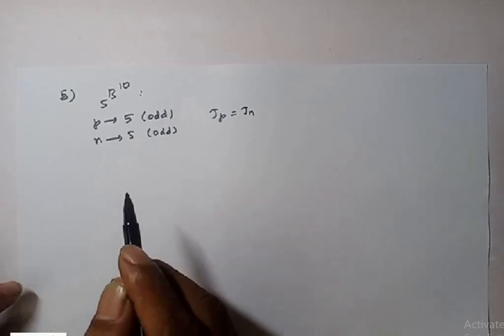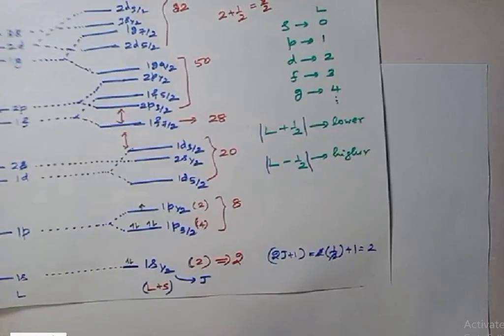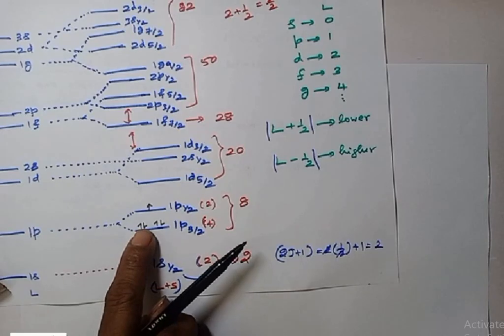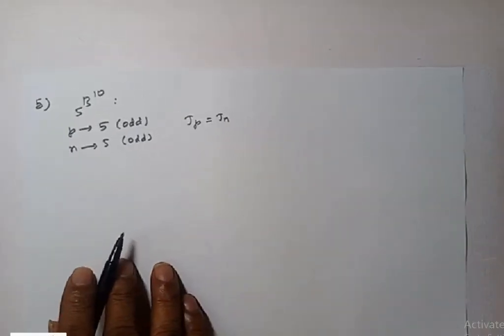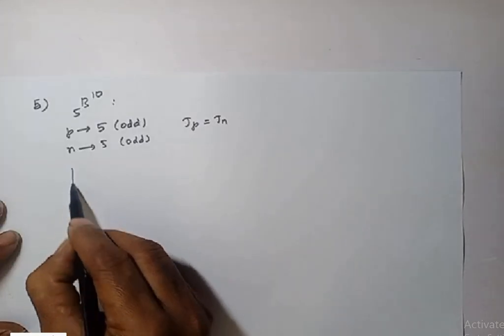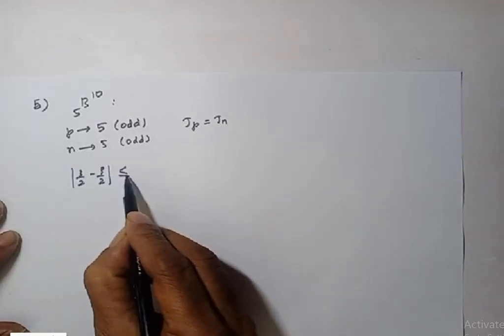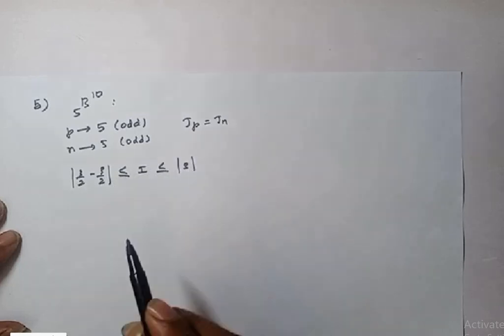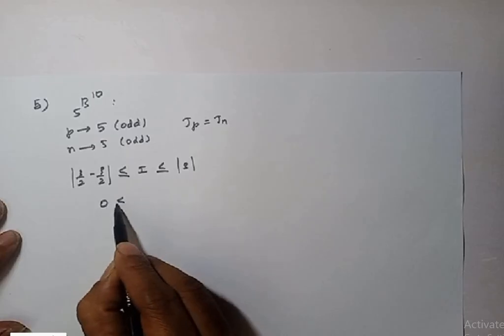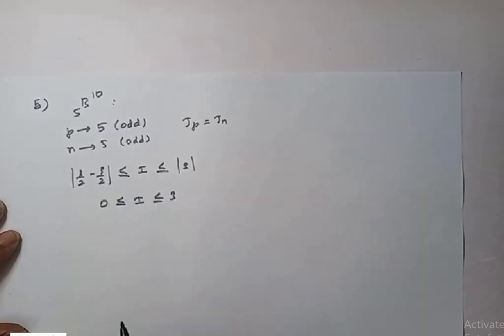What are the JP and JN values for 5 protons? It is 3/2. So 3/2 minus 3/2 is 0, and 3/2 plus 3/2 is 3. So the I value goes from 0 to 3.